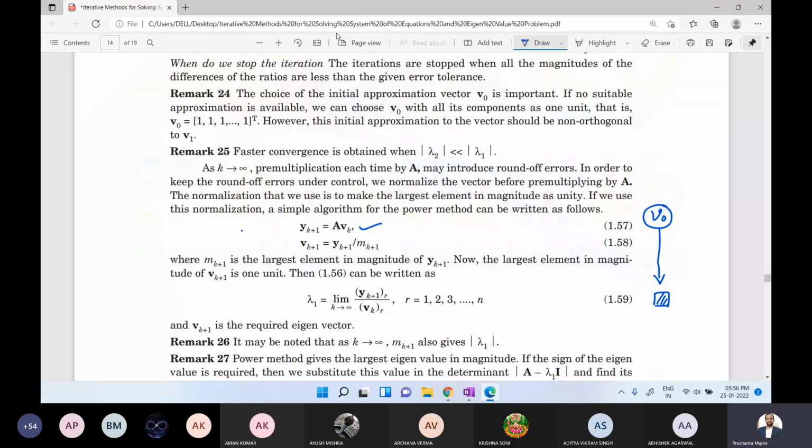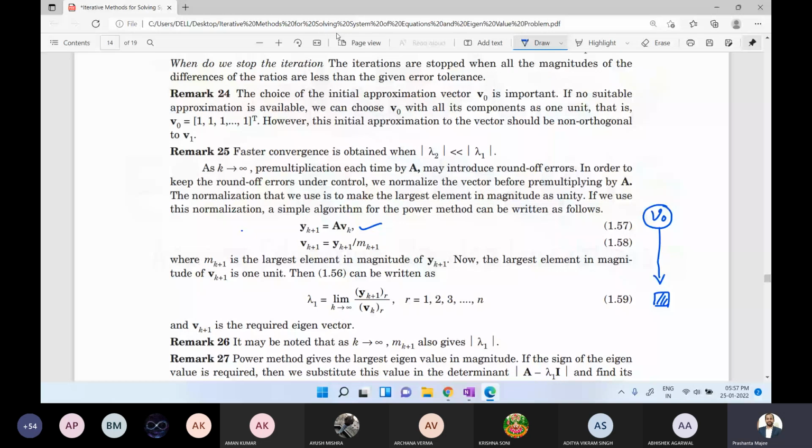In the kth iteration you have Vk, you want to get Vk plus 1. So what will be Vk plus 1? Vk plus 1 will be Yk plus 1 by Mk plus 1. You are dividing each component of Yk plus 1 by the largest component of Yk plus 1.